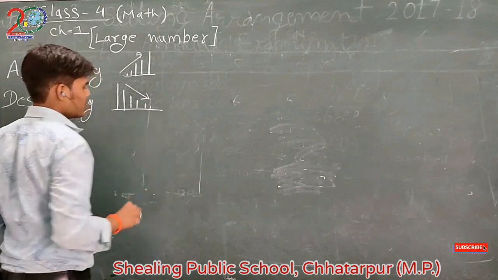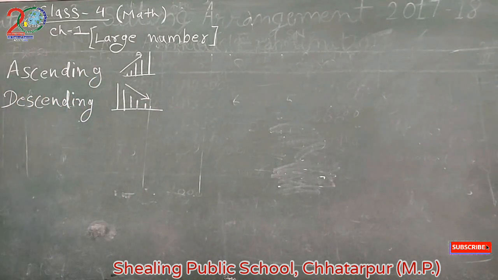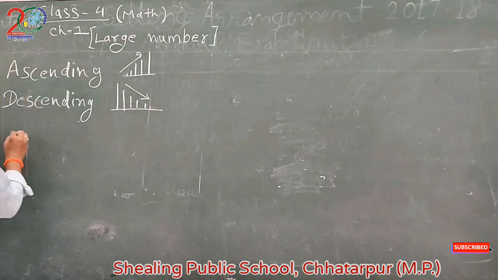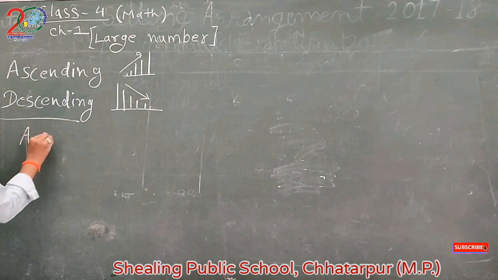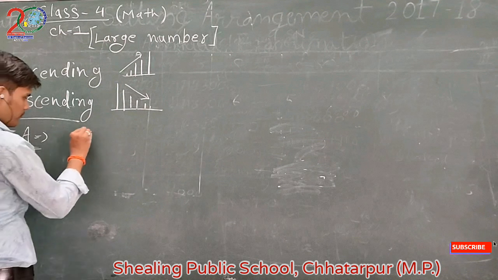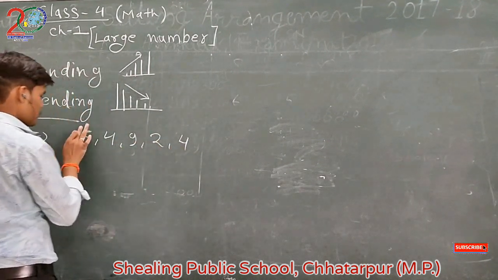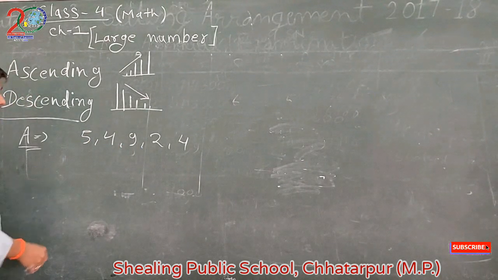First we take the largest number, then smaller, then smaller, then smaller, then last one is smallest. Like this. Okay. So in example, we take one example of ascending order. Here is a set of digits. Which number is smallest in all these digits? It's the smallest digit 2.